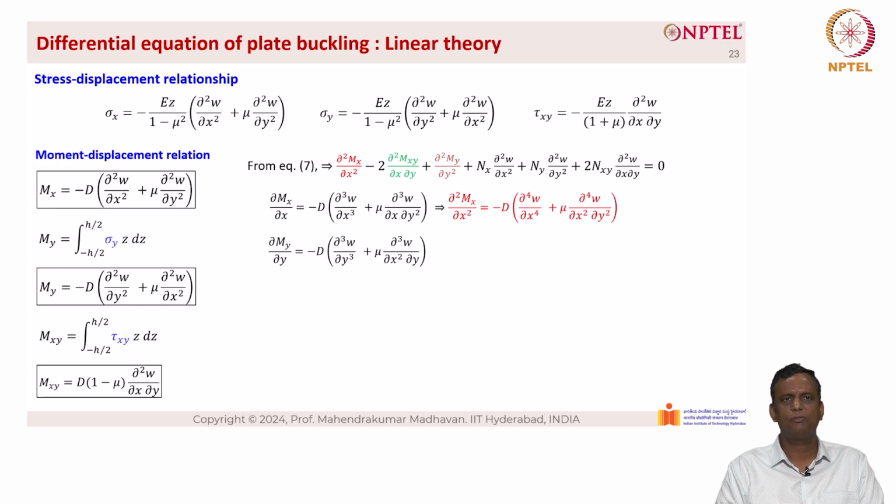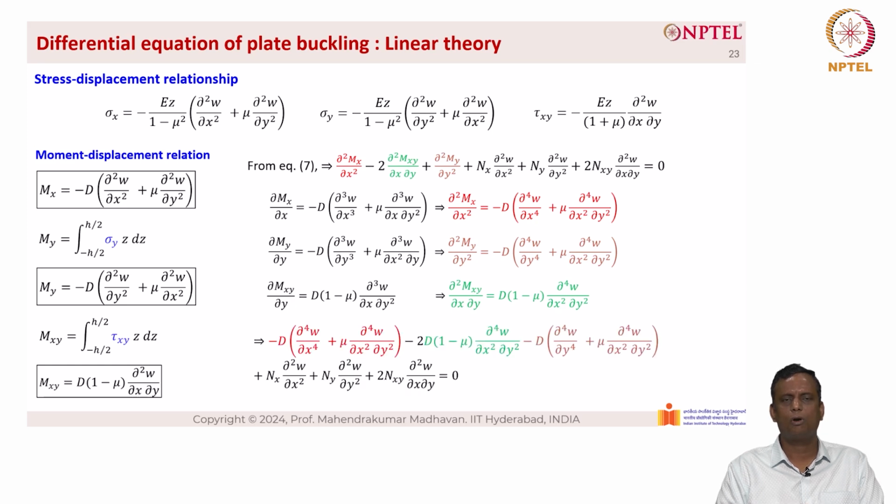Similarly, we do the same thing for dou My by dou y. So it gives rise to the value dou square My by dou y square equal to minus D into dou power 4 w by dou y power 4 plus mu into dou power 4 w by dou x square dou y square. Similarly, for Mxy, we get dou square Mxy by dou x dou y equal to D into 1 minus mu into dou power 4 w by dou x square dou y square.